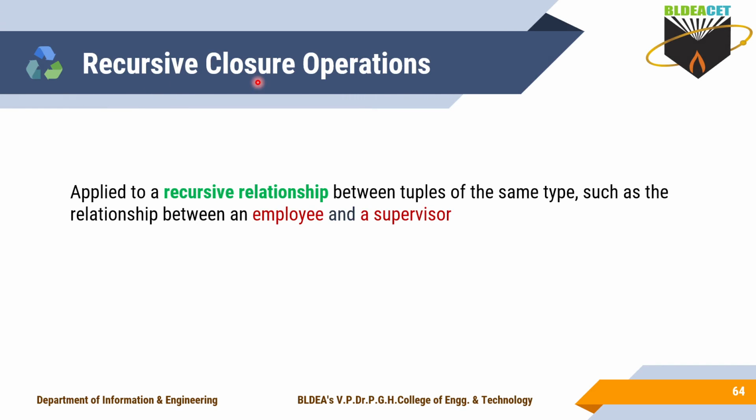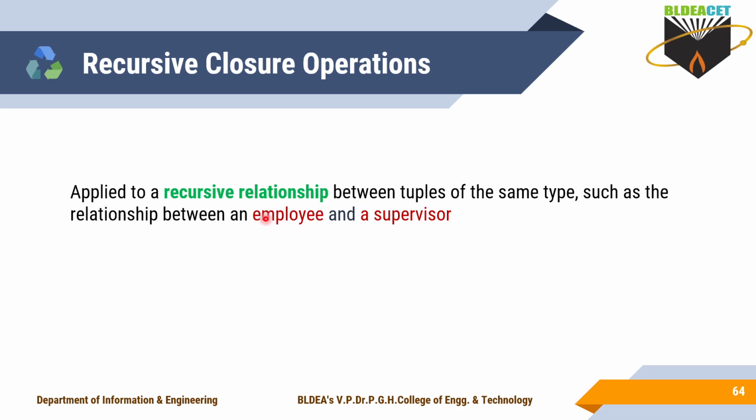Next we'll go for recursive closure operations. It is applied to a recursive relationship between tuples of the same type, such as the relationship between an employee and a supervisor. So you already know what a recursive relationship means. The same relation or table you are relating twice here, once in the role of the employee and once in the role of the supervisor.